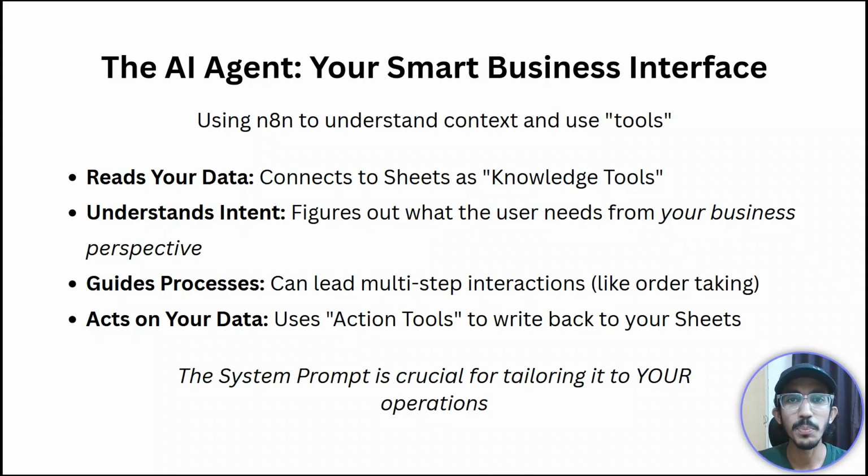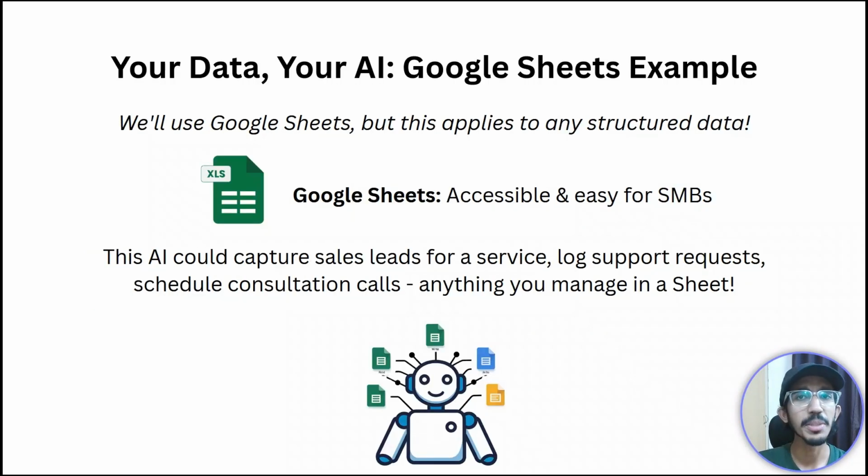The system prompt you give this AI agent is absolutely crucial for tailoring this entire process to your specific business operations and data structure. And the beauty of this is its accessibility. We'll use Google Sheets as our example database because it's something most SMBs already use and are comfortable with. But the principles apply to any structured data source you can connect n8n to.